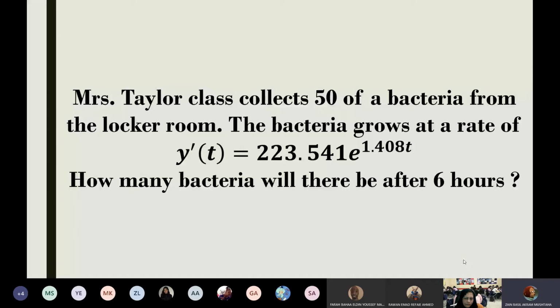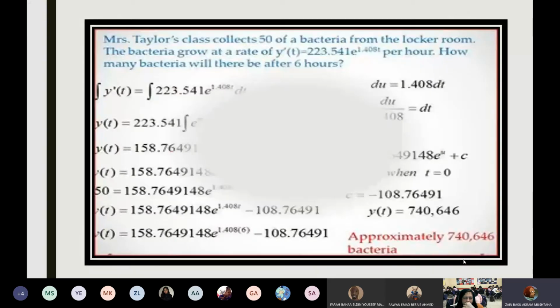So in this question, we're going to integrate to find the amount of bacteria that's going to be there after 6 hours. In order to solve this question, we need to integrate using the substitution method.